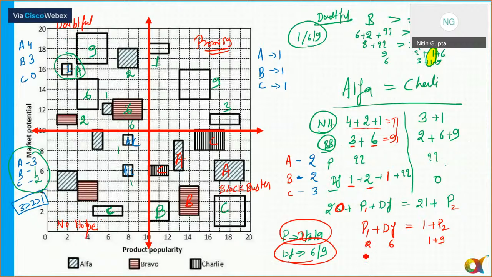There might be some calculation mistake which we have done. Okay, so I need to check what calculations I have made a mistake in. So promising, it is 1, 9 and 3.